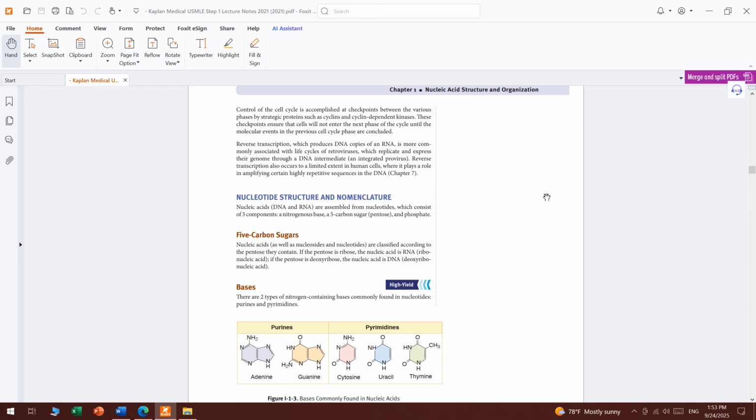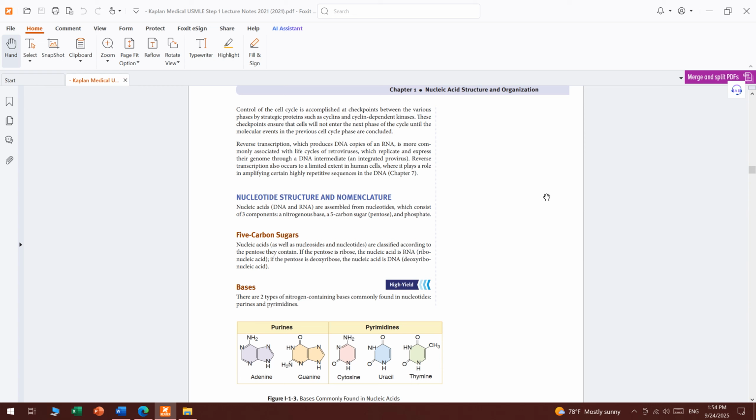These molecular safeguards ensure that a cell will not progress into the next phase of the cycle until all the molecular events and conditions in the preceding phase have been successfully completed and verified. Preventing errors like incomplete DNA replication or chromosome segregation.